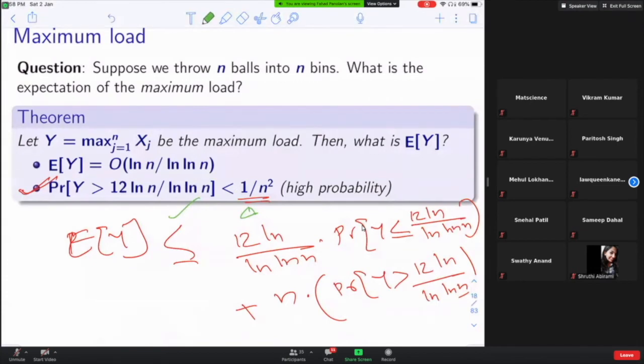Delta plus 1, delta plus 2, delta plus 3, all these values are at most n. So I can write that the summation is at most n times the probability that y is greater than 12 log n divided by log n.